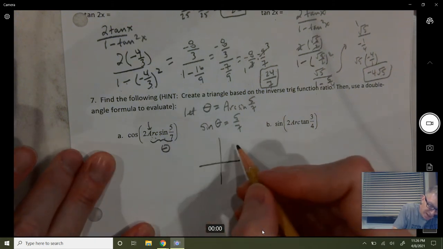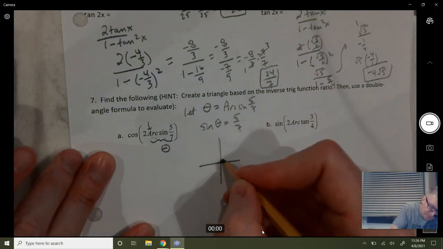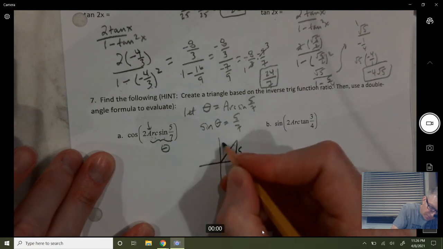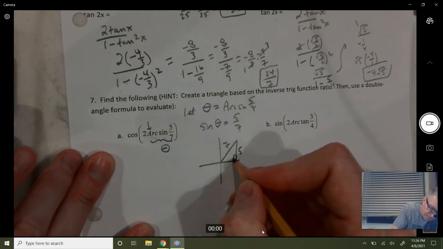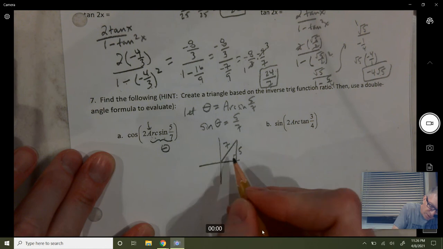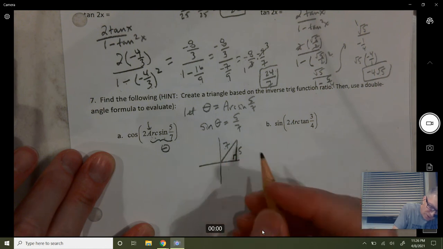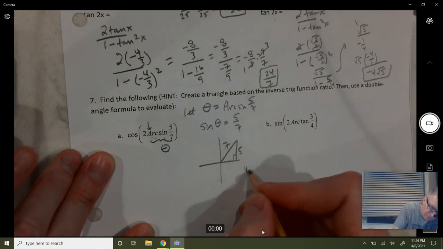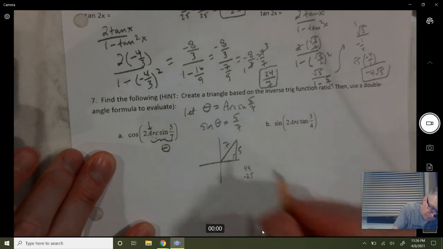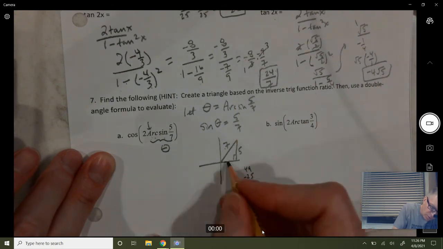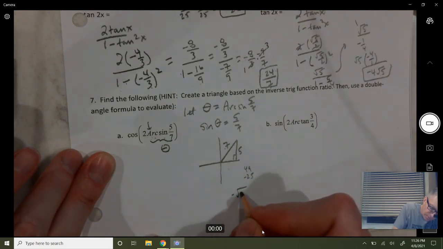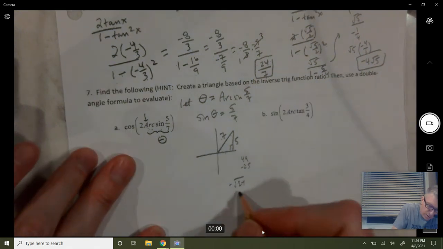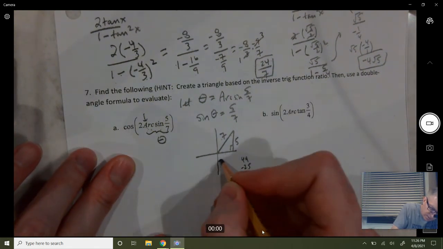So that means it's got to be in the first quadrant if sine theta is positive. We've got 5/7. This side would be square root of 49 minus 25. 49 minus 25 gives you 24. So square root of 24, or 2 rad 6.